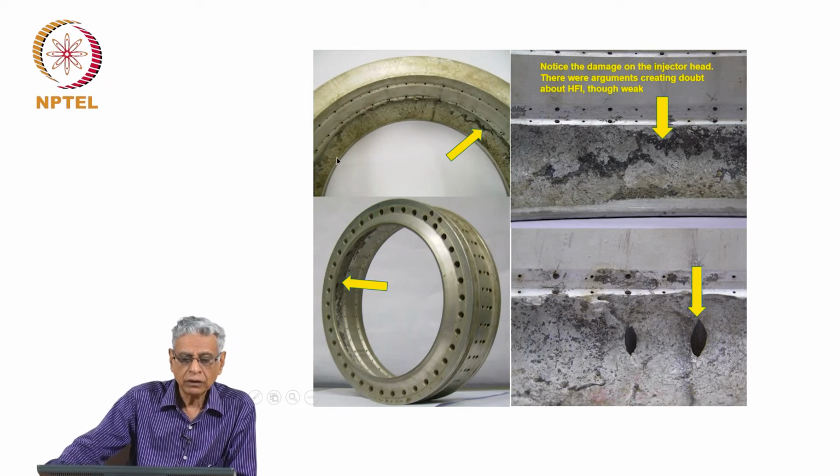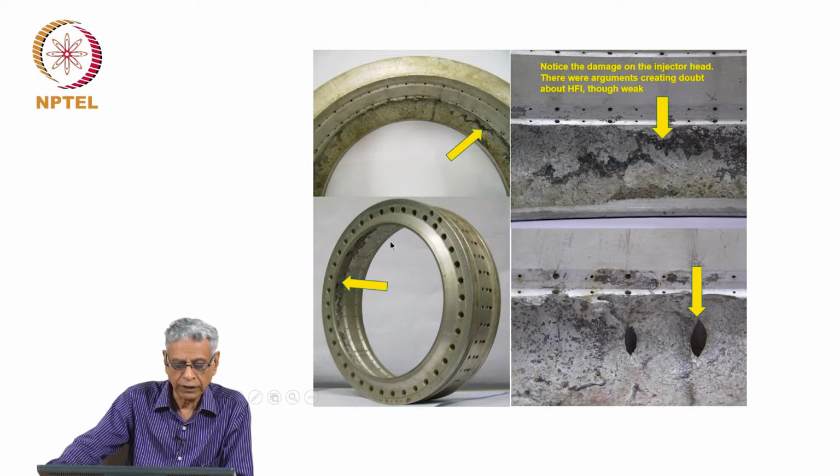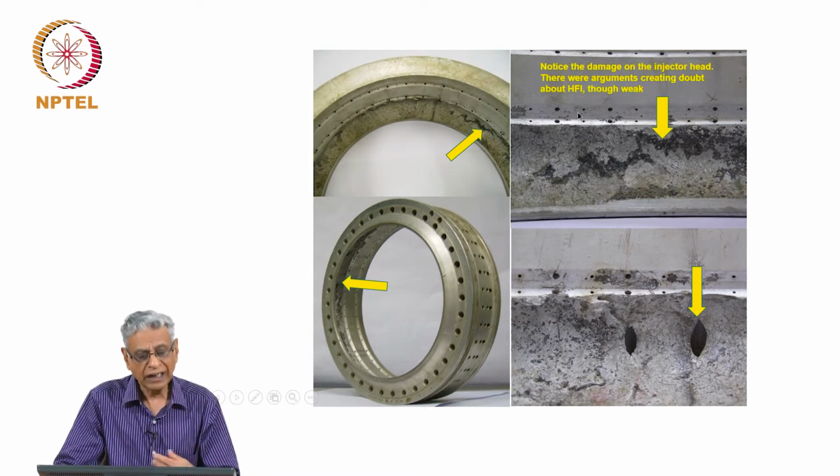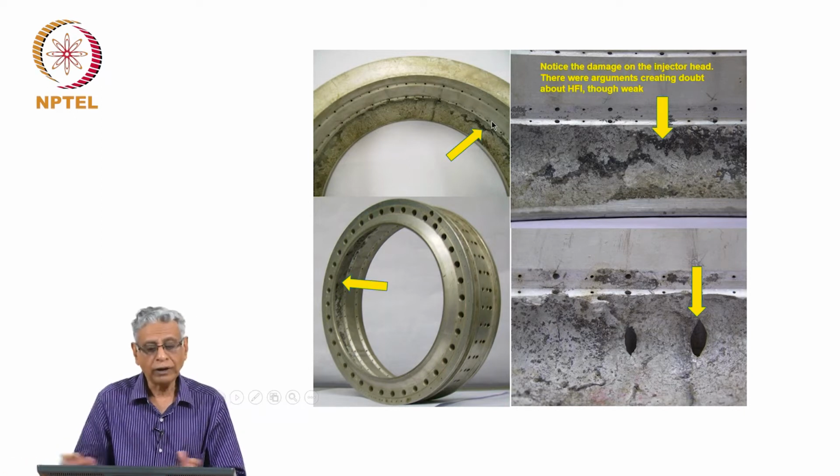What they discovered in the hardware were cracks at several places on the injector head. There were doubts whether it was instability or a heat transfer related problem, because what you ultimately see is the damage, and it can be due to a local high heat transfer.